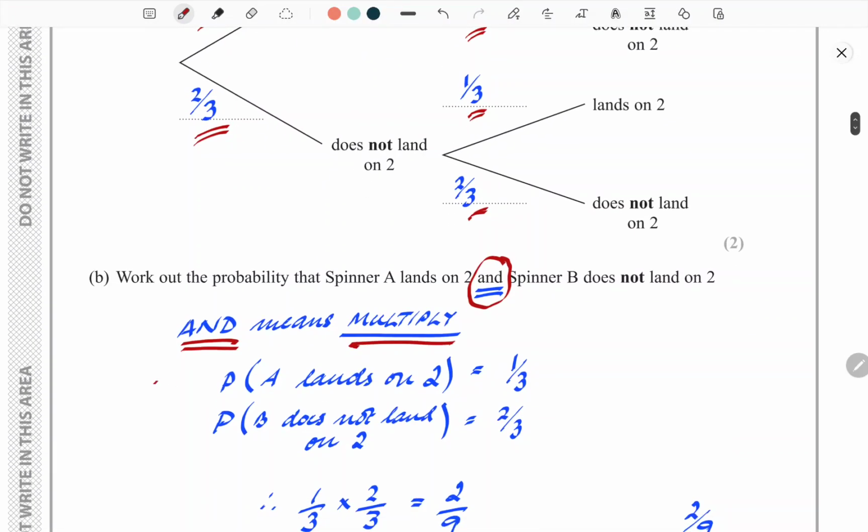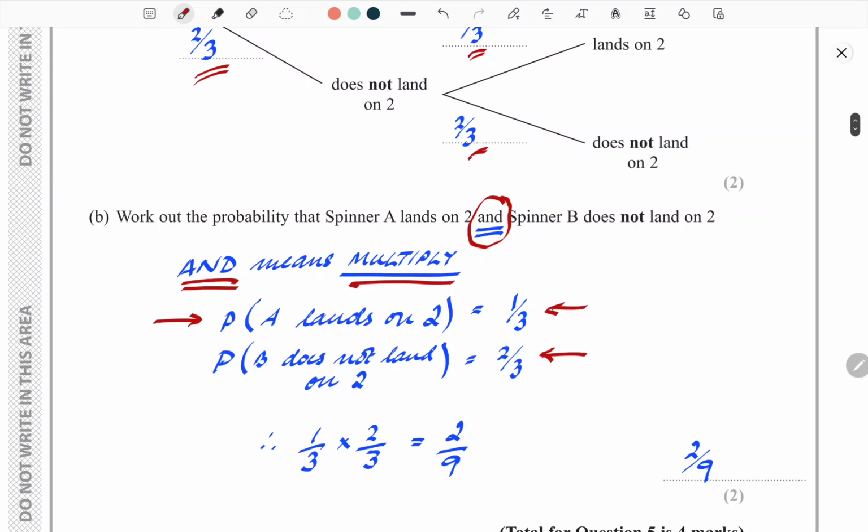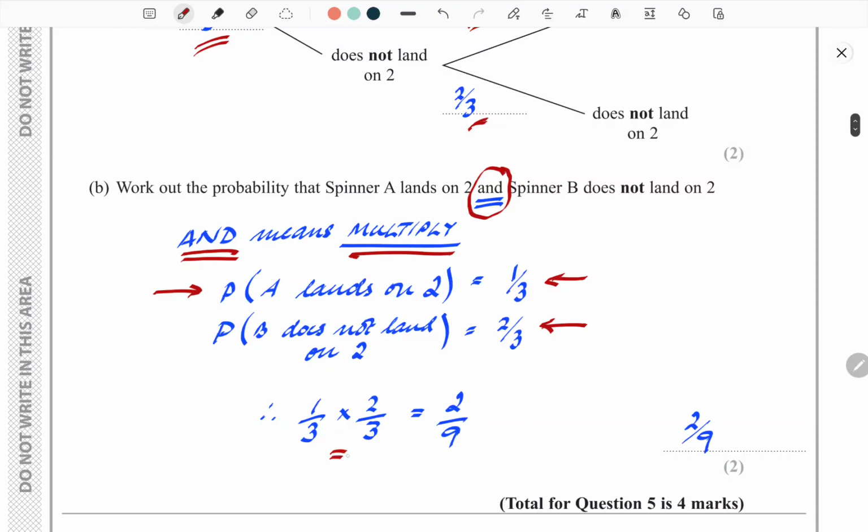So the probability of A landing on 2 is 1/3, okay? And then the probability of B does not land on 2 is 2/3, all right? So for the two events to happen, so A happening and B happening, you have to multiply, all right? So 1/3 times 2/3 gives you 2/9, and that's your answer.